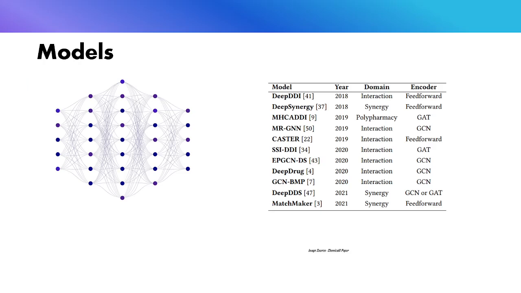For the models themselves, there are several models provided for each specific domain. As you can see, there are plenty of options. Some of them may need a little work, but for the most part, it seems fairly straightforward. And as you can see, the encoders are either feed-forward networks or graph attention networks or graph convolutional networks.